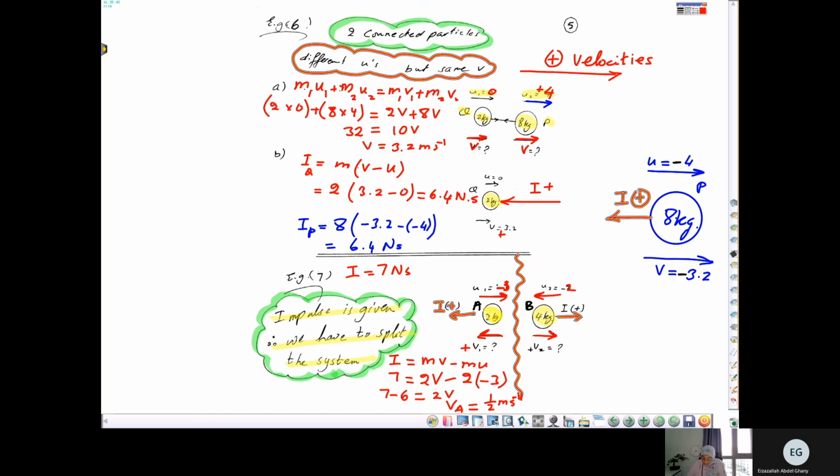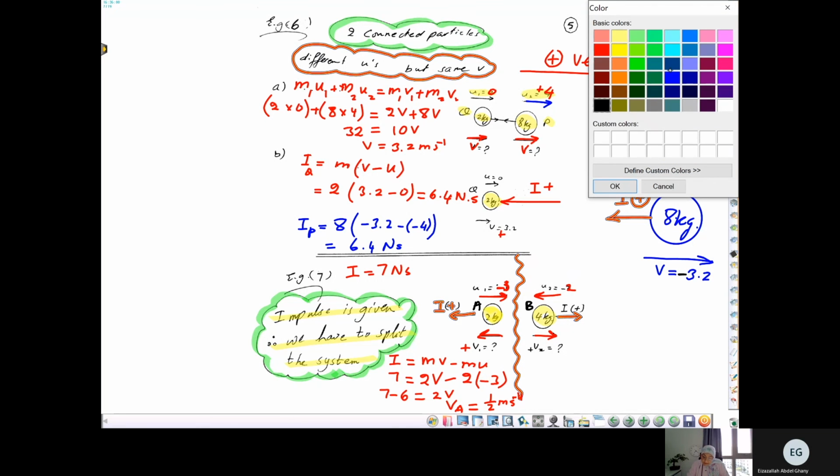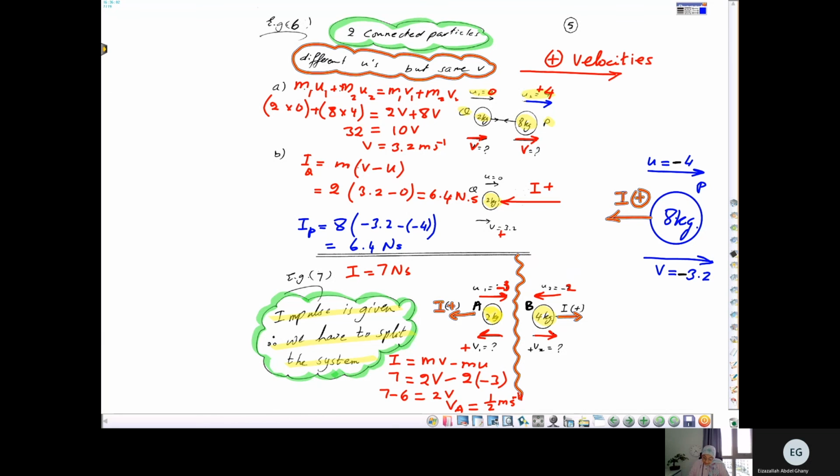So about B, we assume that the positive direction of B is to the right, which is opposite to U, and U will not be 2, it will be -2. And we'll assume that it will also be reversed, so the positive direction of V is the same as the impulse. And now let's write about B. The impulse here equals mv minus mu. As usual, impulse is the same, which is 7.